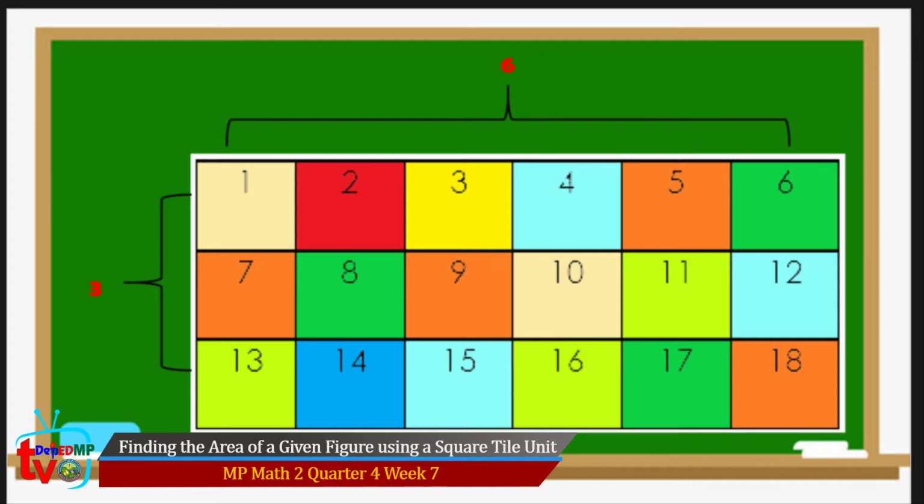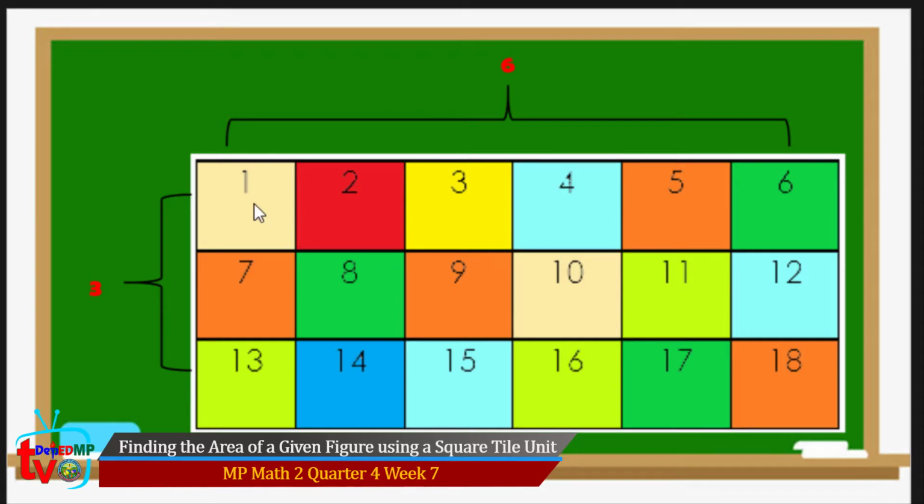Is there only 1 red square? Let's check. Oh, there's only 1 red square. Are there 2 yellow squares? Let us check. Oh no, there's only 1 yellow square. How many small squares do you see in the cloth?